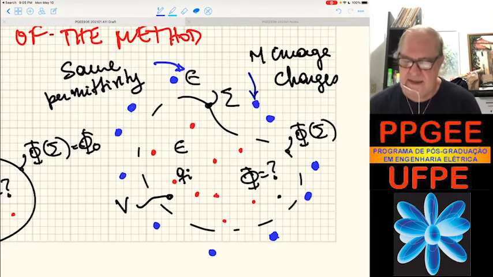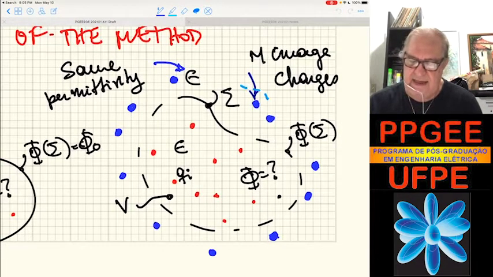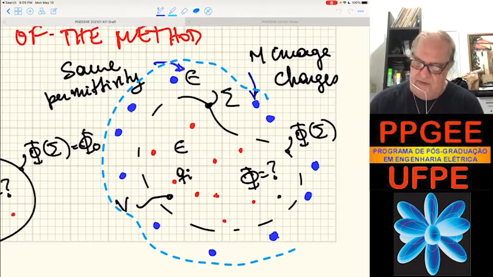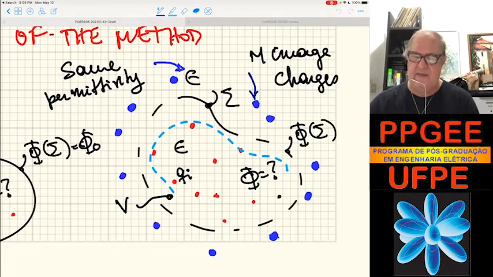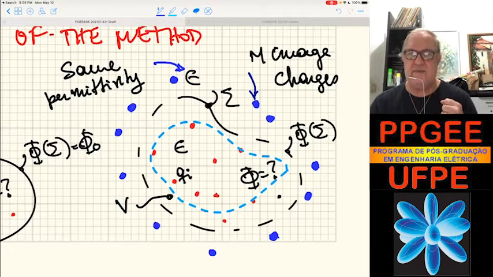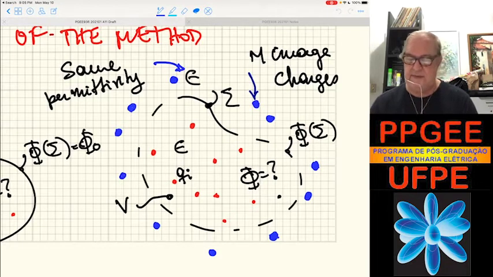They are fictitious, so they have to lie outside our domain. They are those blue dots here, right? Our domain is inside of the boundary, the region enclosed by the surface sigma.